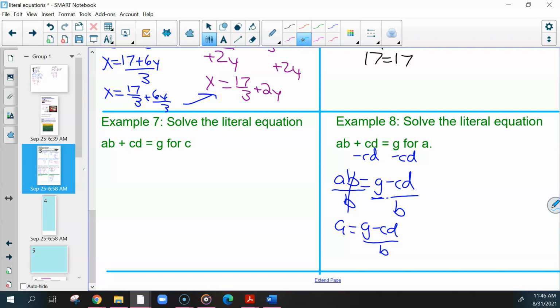If I were to put this back into the original equation, that's G minus CD all over B times B plus CD equals G. Those B's would cancel.